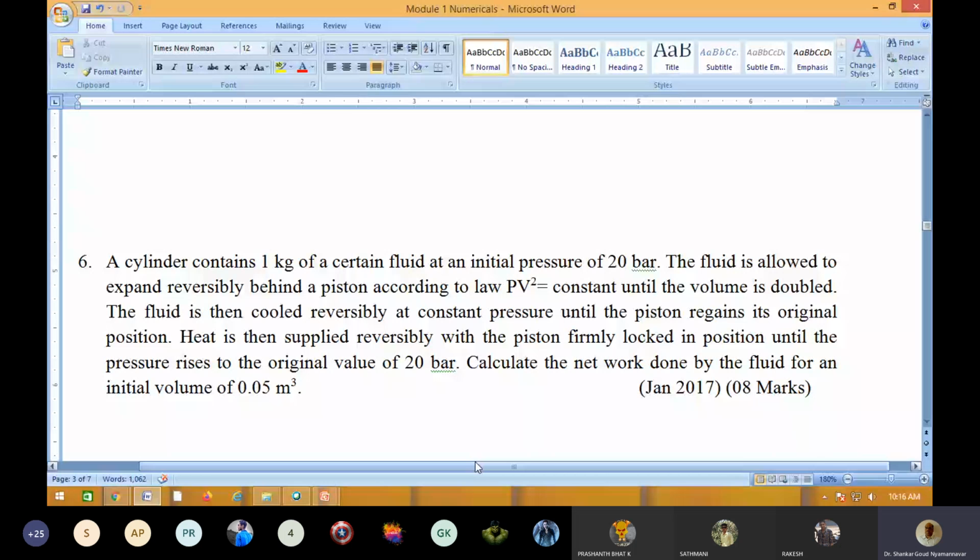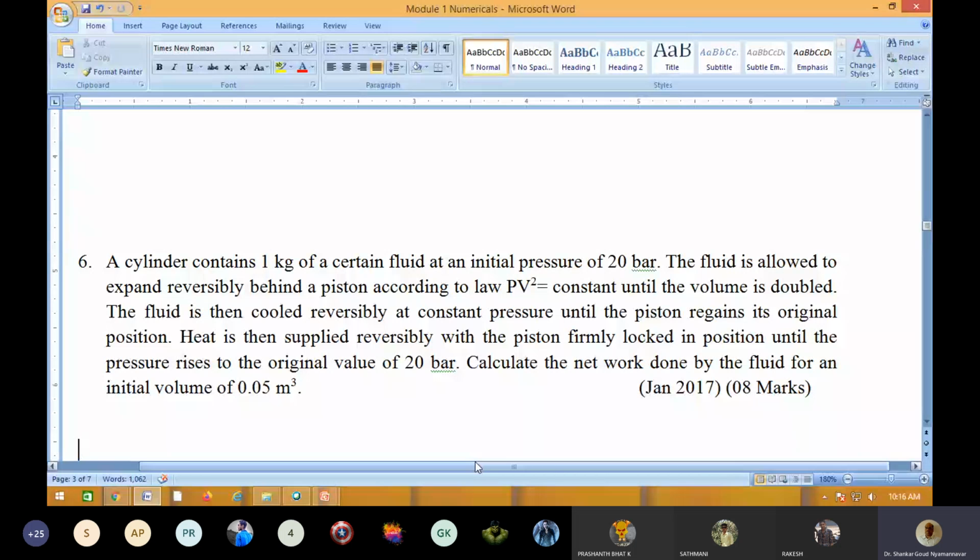Okay, so what is given here? Fluid mass is given, m. Then initial pressure, let us call it P1, and initial volume V1. So what happens? The fluid is allowed to expand. That means volume increases.